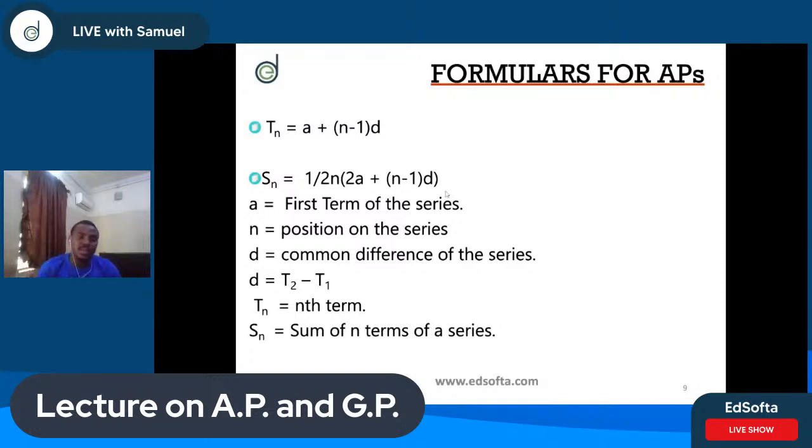So if a series has 16 terms, how do we find the sum of 16 terms? If a series is 100, how do we find the sum of the first 20 terms? We use this formula. So let's just take an example and see how this formula can help us.